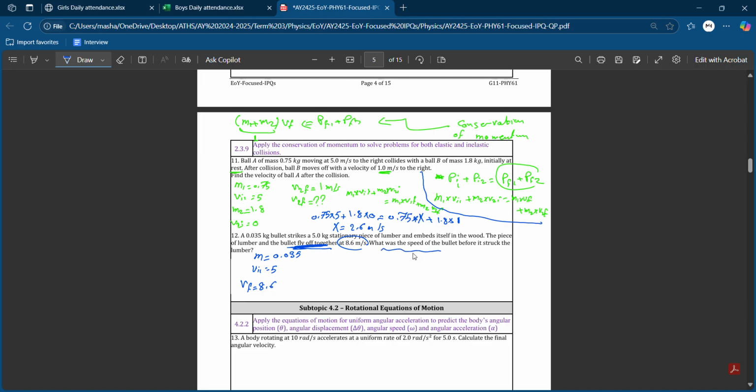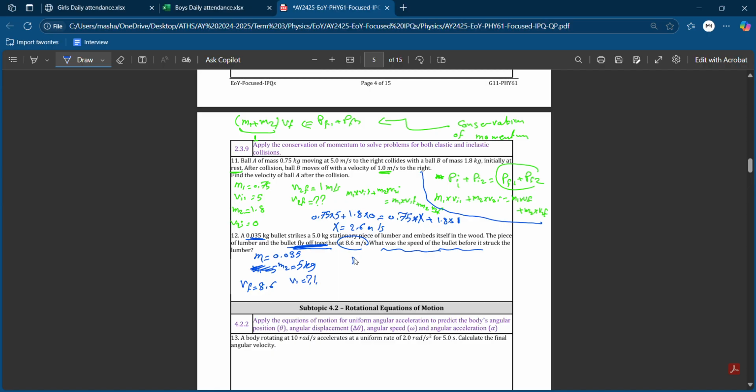What is the speed of the bullet before it struck the lumber? Okay. He gave me the mass here. This is mass 1 and this is mass 2, 5 kilogram. So again, he needs V initial for the bullet.